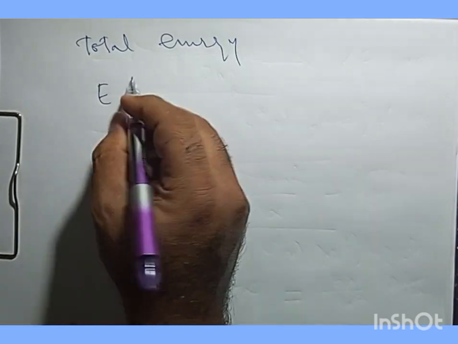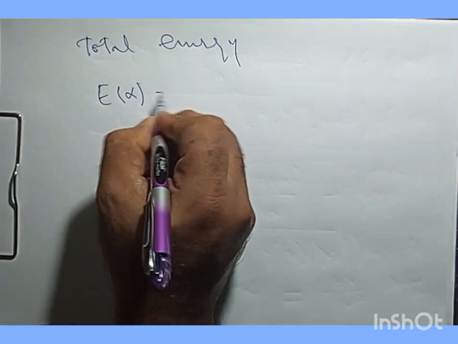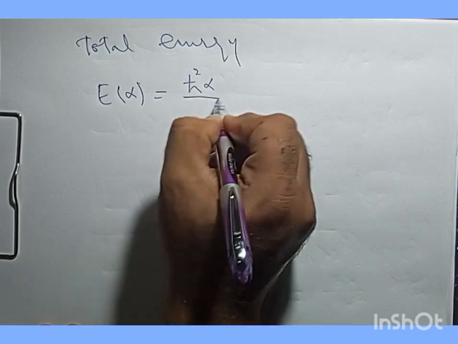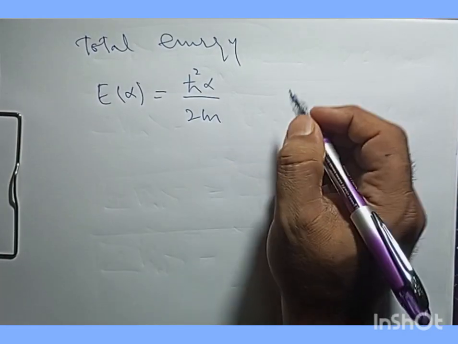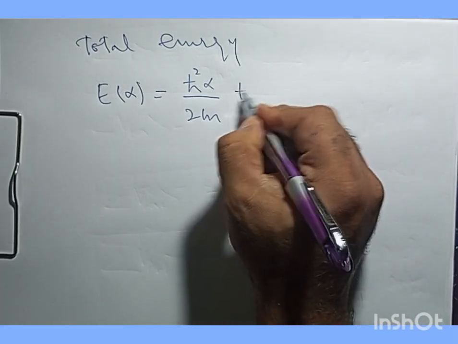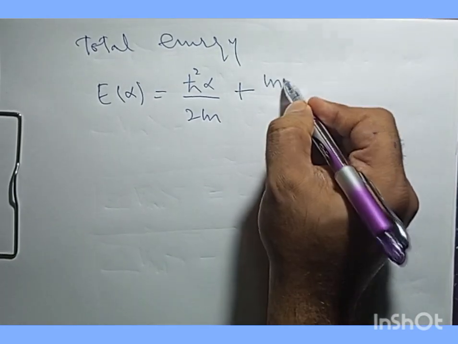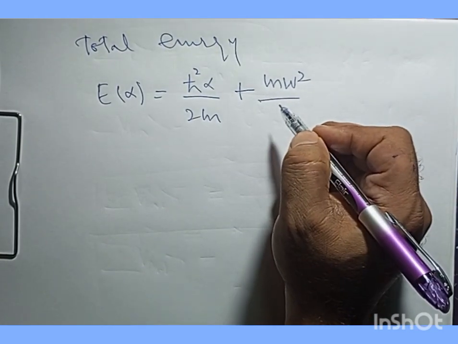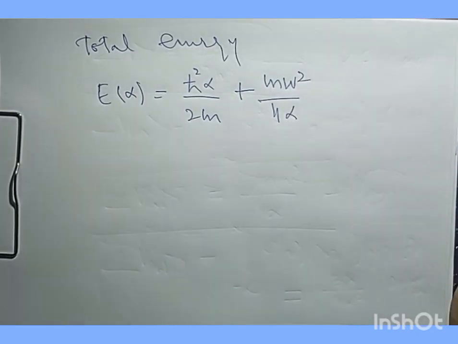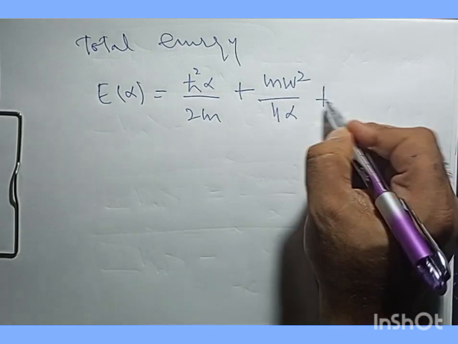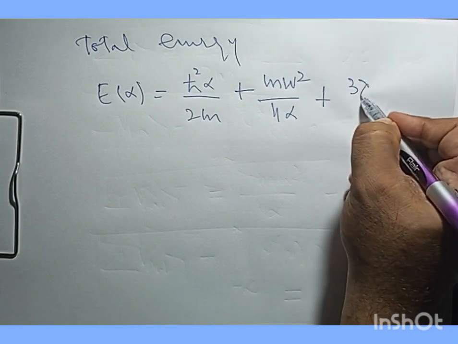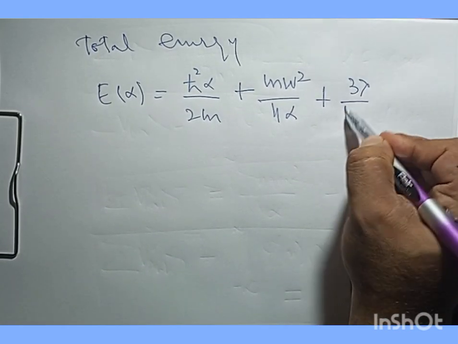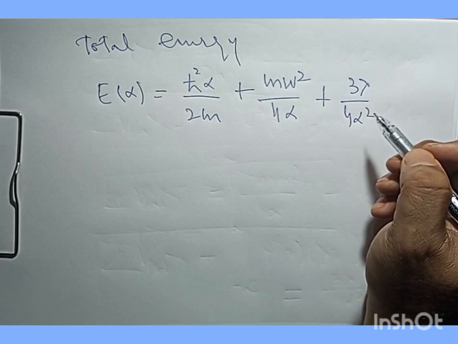So E in terms of alpha is h cross square alpha by 2m, this is the first term, and then plus m omega square by 4 alpha, and the third term, due to the anharmonic term, is 3 lambda by 4 alpha square. Now these are our terms.